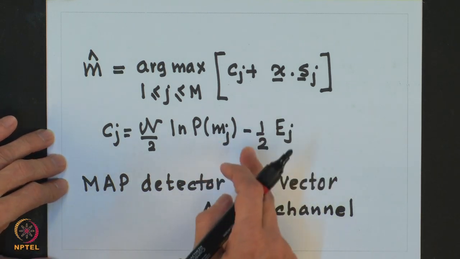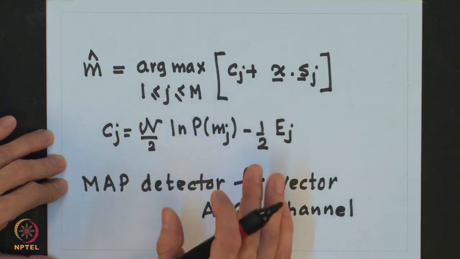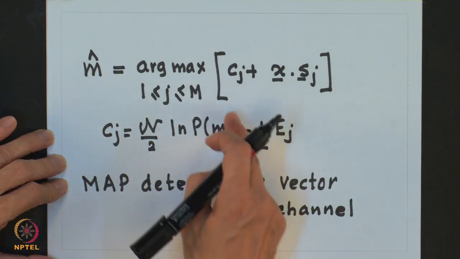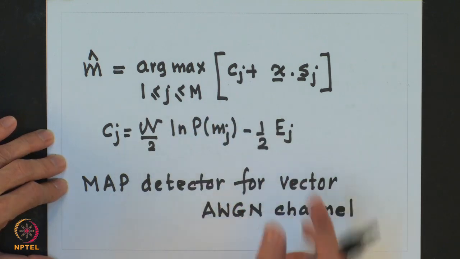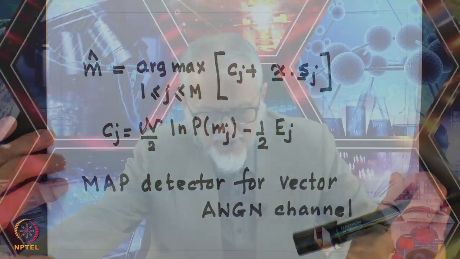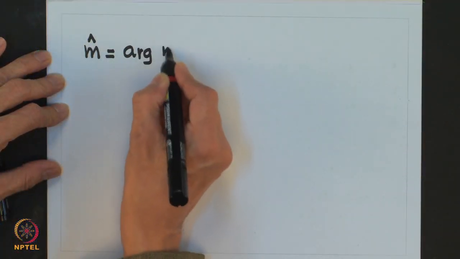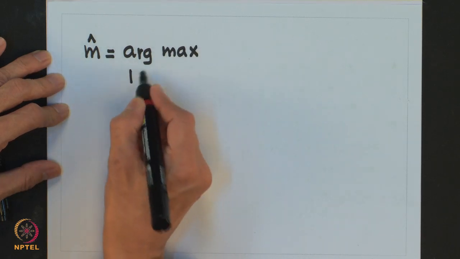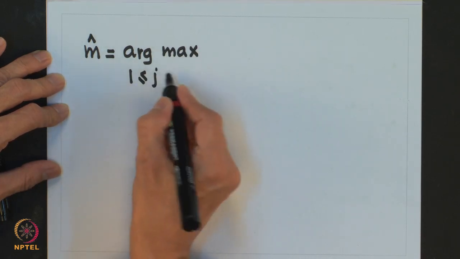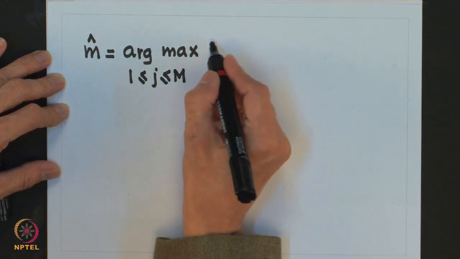Now, if your probabilities of message transmissions are equiprobable, that means each of these is equal to 1 by M, then this relation can be further simplified. So, I will rewrite my MAP detection rule for the vector AWGN channel.